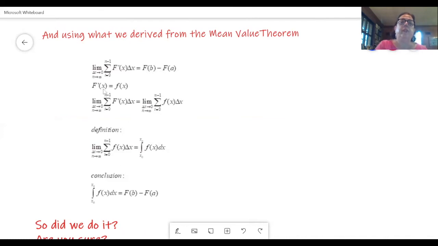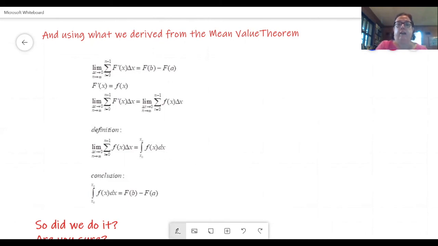Notice that I've put two operations here just so you understand that they're equivalent. When delta x is going to 0, n is going to infinity. So I've put them both here so you think of them both together. But this is the integral from x sub 0 to x sub n of f of x dx.